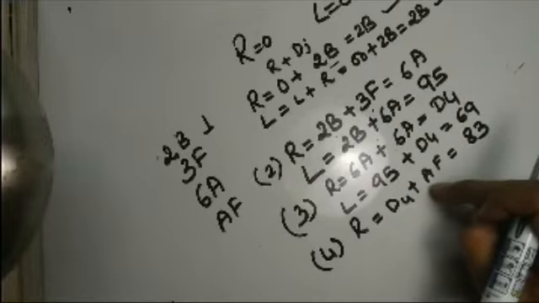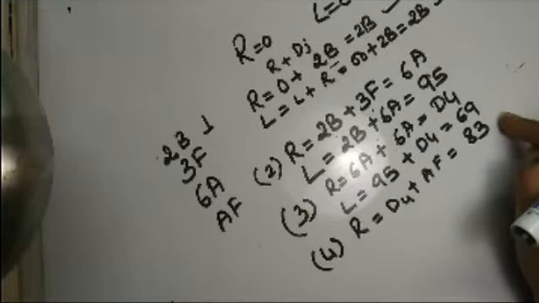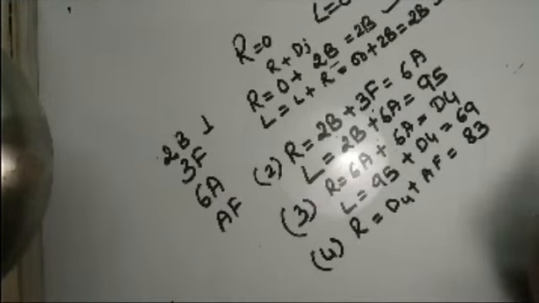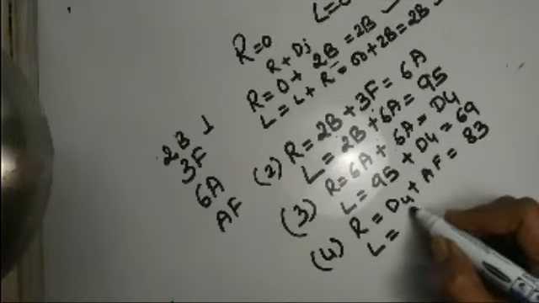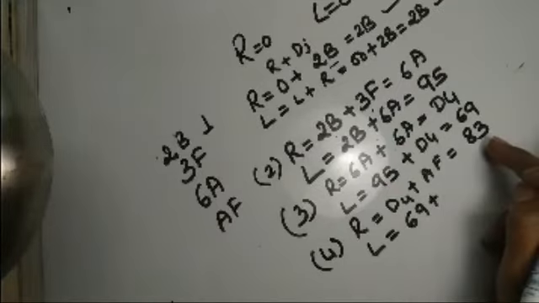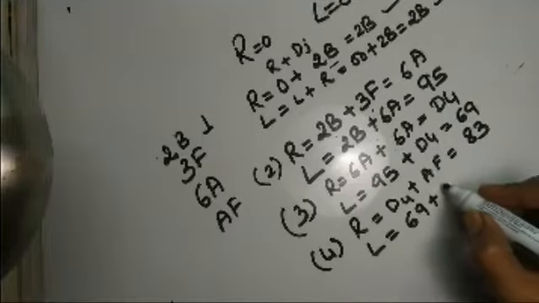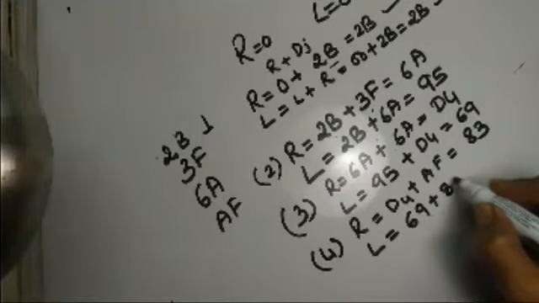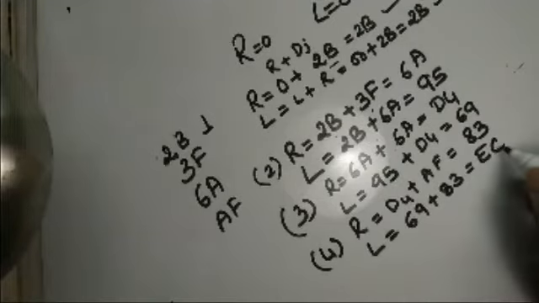Here again the sum exceeds 256, so we perform mod on it and the outcome is lesser than 256. And last, L value is equal to 69, the previously calculated L value, plus the newly calculated R value 83. The outcome is EC.